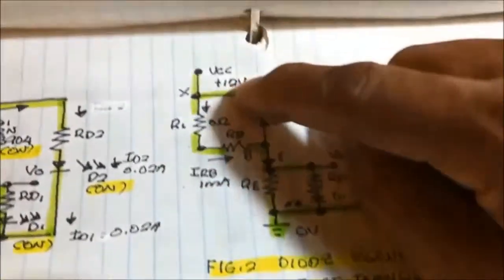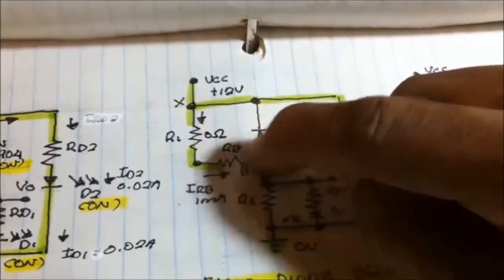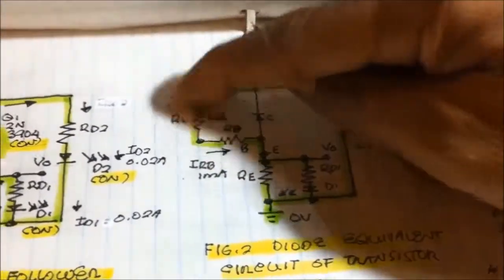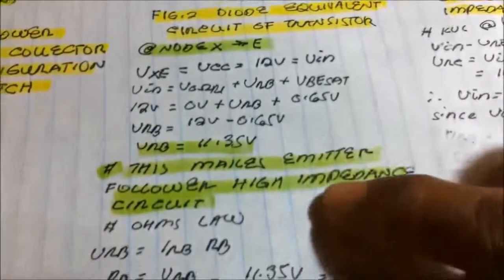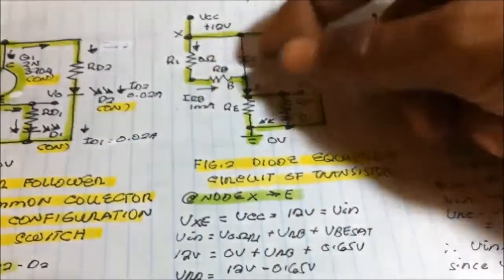The voltage input first is the VCC minus the voltage drop of this circuit or this line, which makes this 11.35 volts. It consumes 0.65 volts just to make a voltage input for the load. This is just the voltage input.